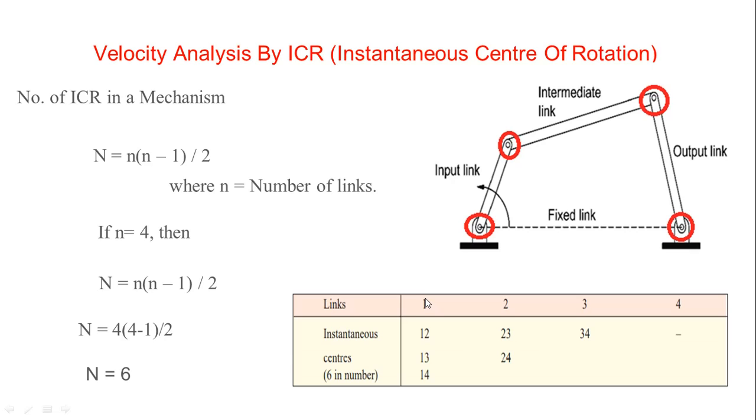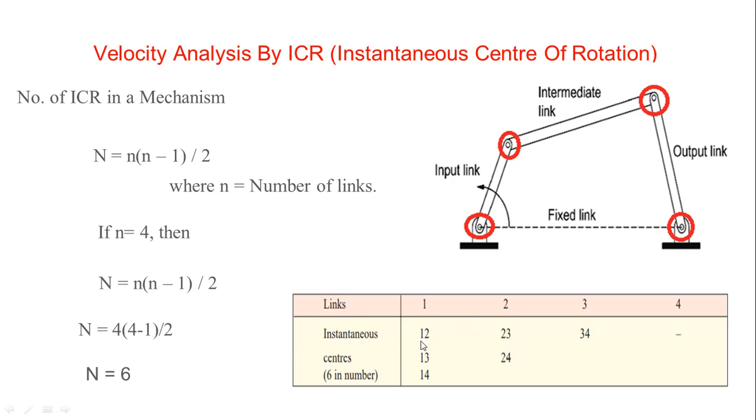So link number 1 gives I12, I13 and I14. So link number 1 is making ICR with link number 2, 3 and 4. Similarly, link number 2 is going to make ICR with link number 1, link number 3 and link number 4. In the row of link number 2, we just write down I23 and I24. So link number 2 is making ICR with link number 3 and link number 4.